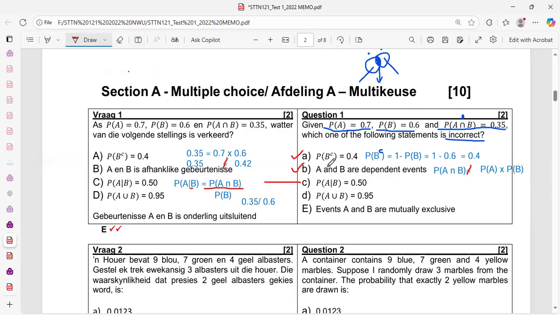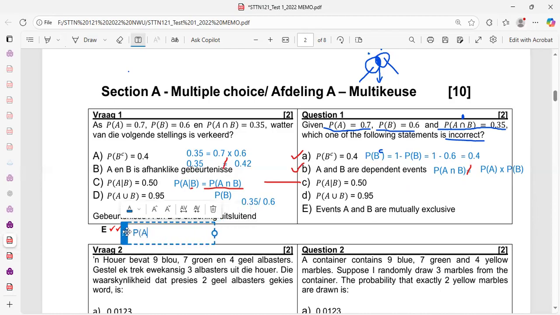Now, when you check the A union B, we're going to use the method for non-mutually exclusive events.